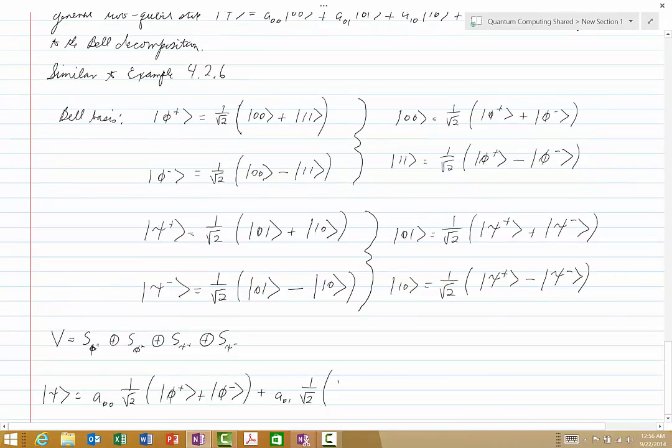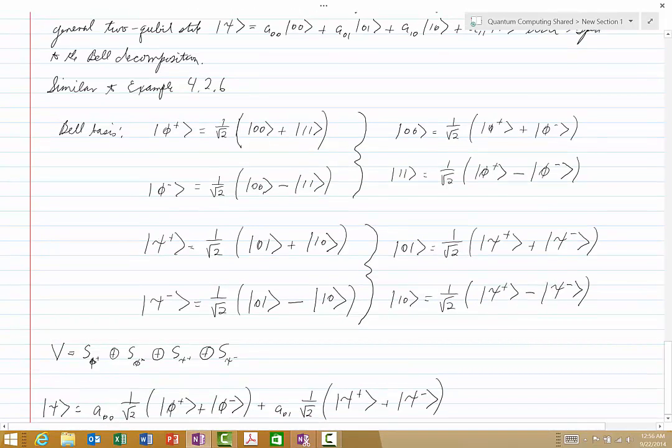So we have C plus, C minus. And then next we will have A10 times what we found for 1, 0, which is down here, 1 over square root of 2 times C plus minus C minus.